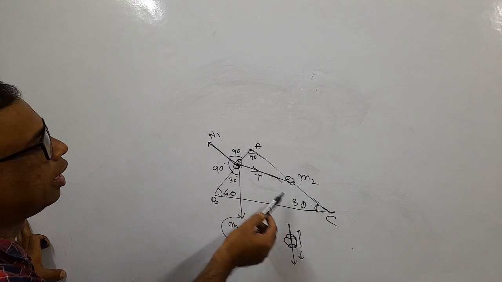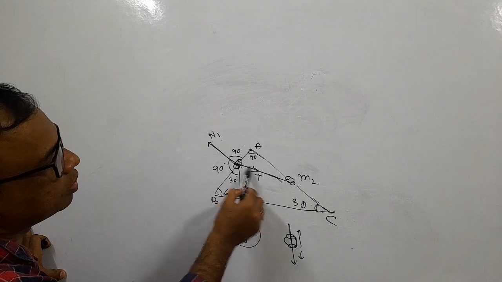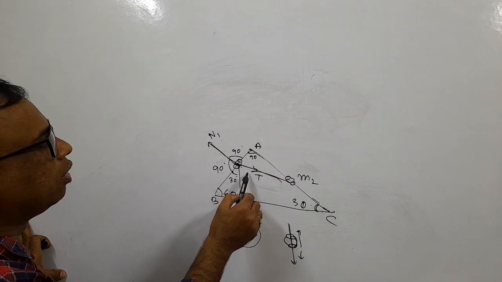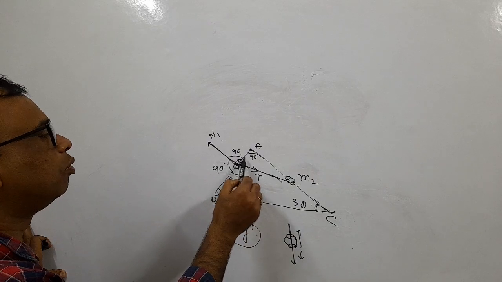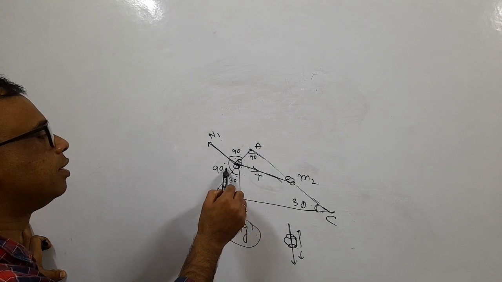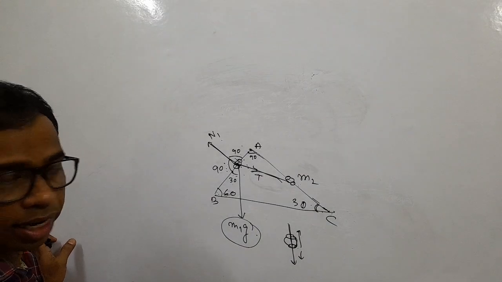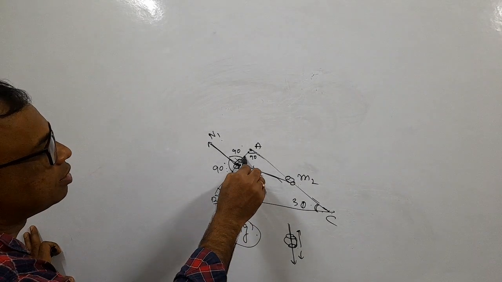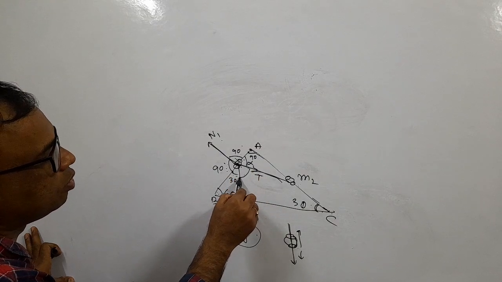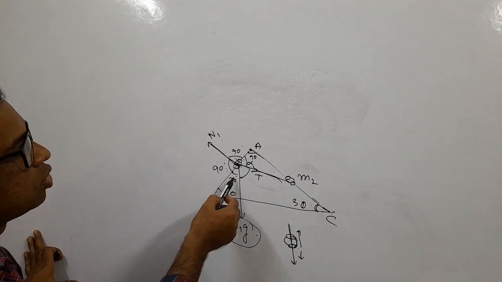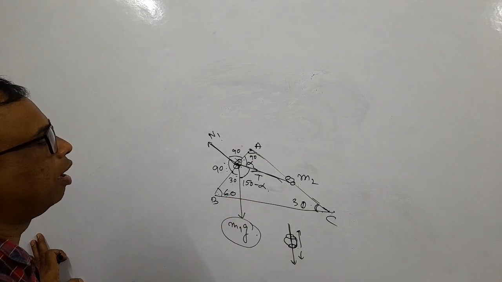The total is 360 degrees. So that is 90 plus 90 plus 30, which means 210 degrees. If this one is alpha, then it will be 360 minus 210, which is 150, so this will be 150 minus alpha.